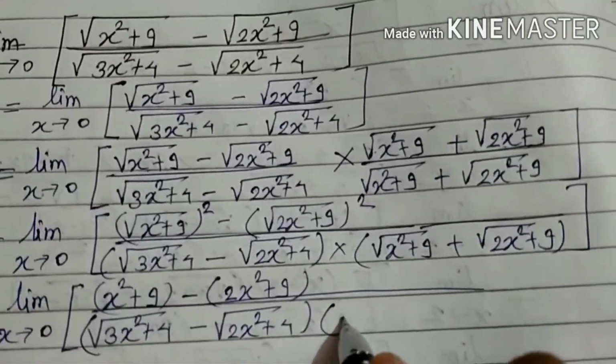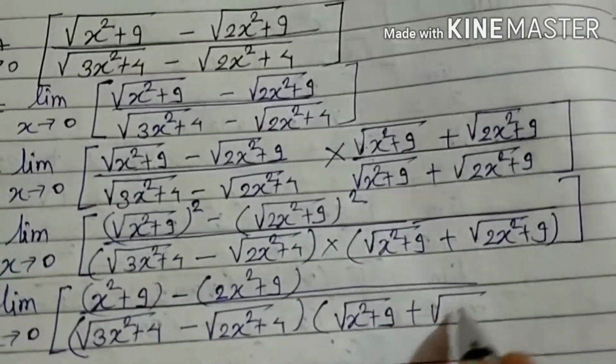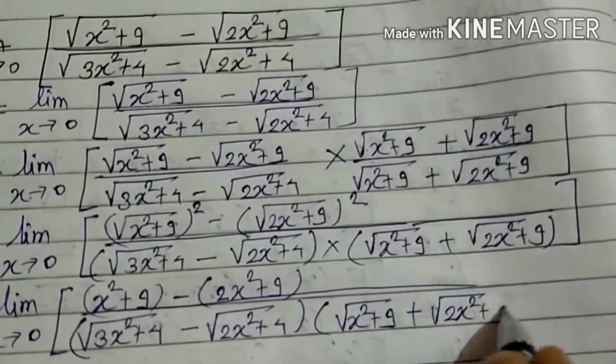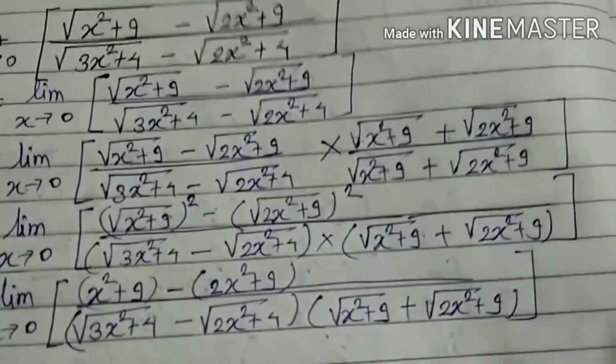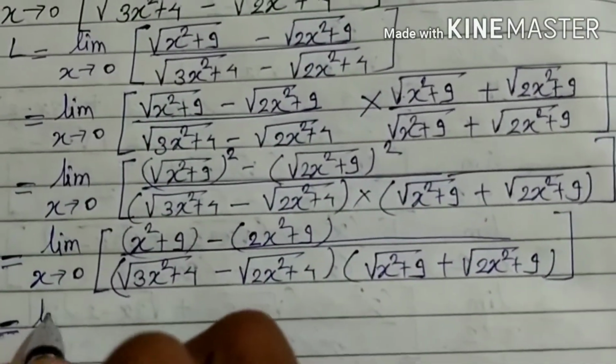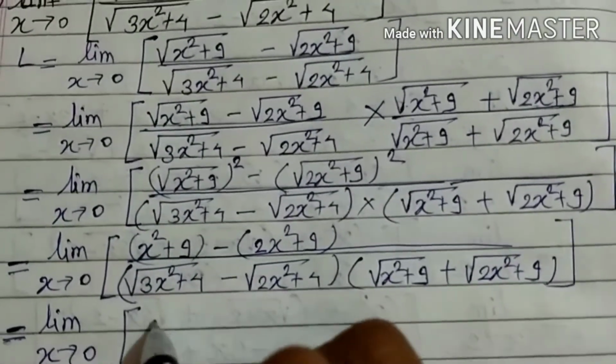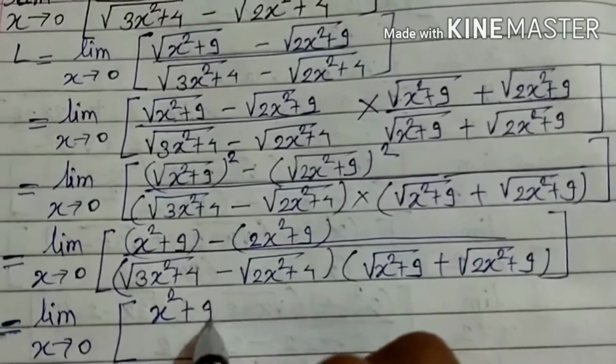And write denominator as it is. Now multiply by minus sign.